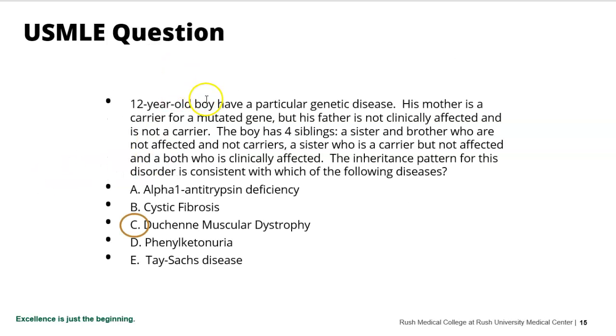The next question is, a 12-year-old boy has a particular genetic disease. I took this out of one of these USMLE books. His mother is a carrier for a mutated gene, but the father is not clinically affected and is not a carrier.